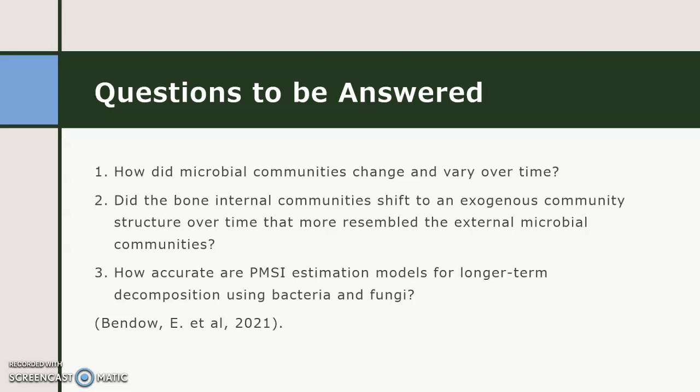Did the bone internal communities shift to an exogenous community structure over time that more resembled external microbial communities? How accurate are PMSI estimation models for a longer-term decomposition using bacteria and fungi?